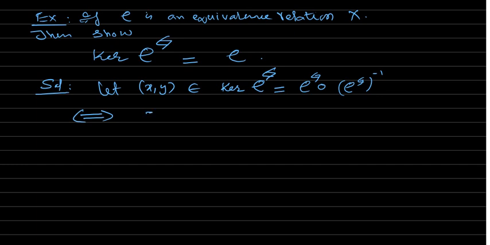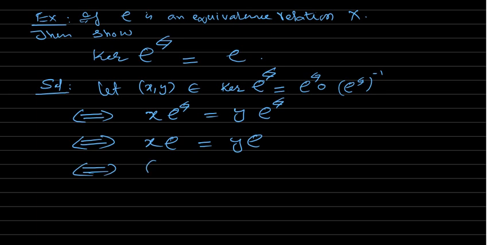x rho natural is the same as y rho natural, and this is the same if and only if, what's the image of x under rho natural? This is the rho class of x. It's equal to the rho class of y. But then this means the pair (x, y) are rho related.